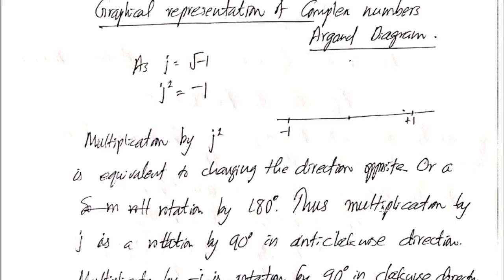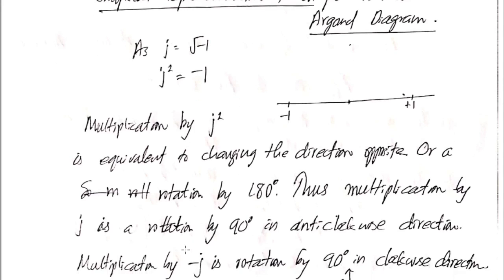Thus we can say that multiplication by j once will produce a rotation by 90 degrees in the anti-clockwise direction, because the anti-clockwise direction is taken as the positive direction. And similarly, multiplication by minus j is a rotation by 90 degrees in the clockwise direction, because clockwise angles are measured as negative.